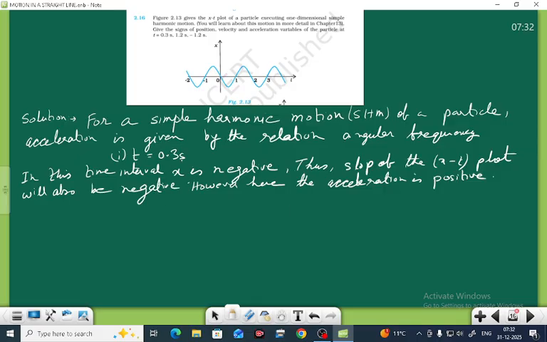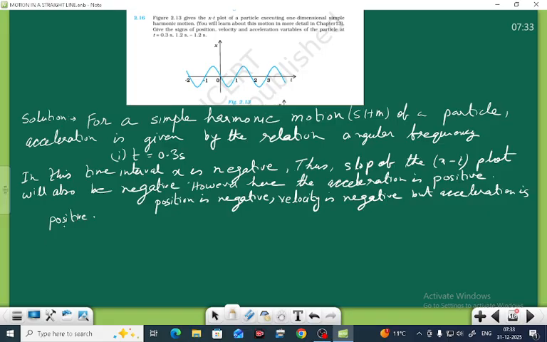So at t equal to 0.3 second, we get that position is negative, velocity is negative, but acceleration is positive. This is the first case.